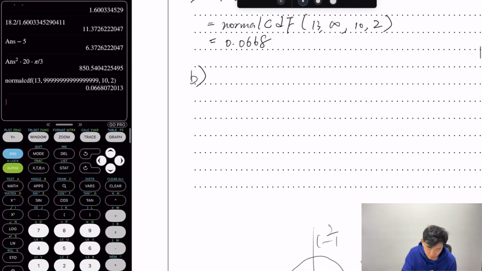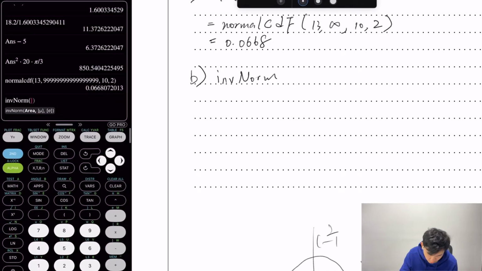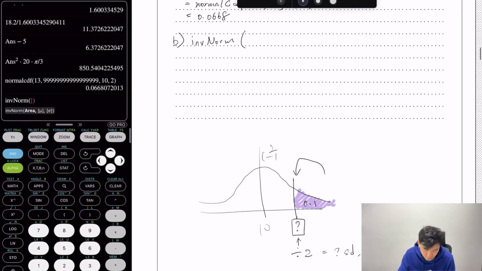So the thing that we have to do is we use the inverse norm. Again, we press second and then vars, that means the distribution, put in number 3, inverse norm. Now, you have to be very, very careful because sometimes your calculator directly asks you to input the area. And some older calculators, you still have to input the area from the left-hand side all the way to the right-hand side, okay?